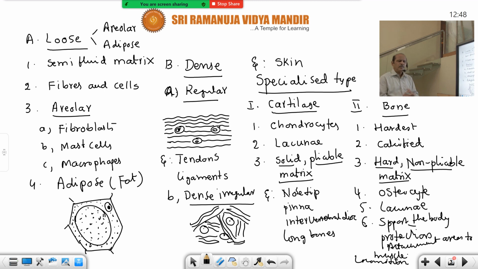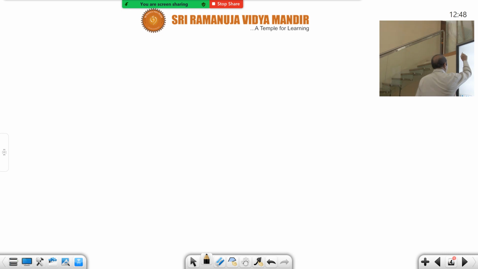There are so many types of bones: sesamoid bones, visceral bones, cartilaginous bones, dermal bones, compact bones, spongy bones. Already we have discussed them, of course, not necessary for the NEET examination. This is enough. Then the third specialized type of connective tissue is blood, fluid connective tissue.